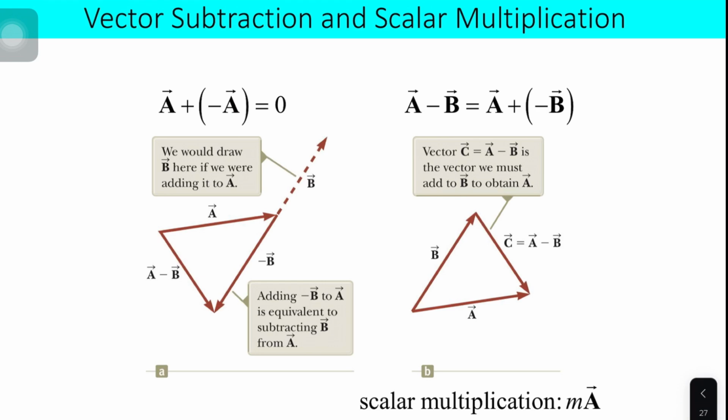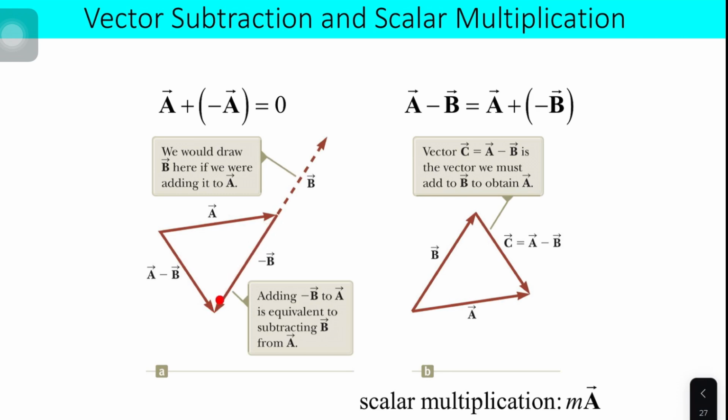Right? And if we take a look at this example, we have vector A and then we have vector B initially. If we want to add the negative of B, it means that we are going to shift B to the negative direction, make it turn 180 degrees.